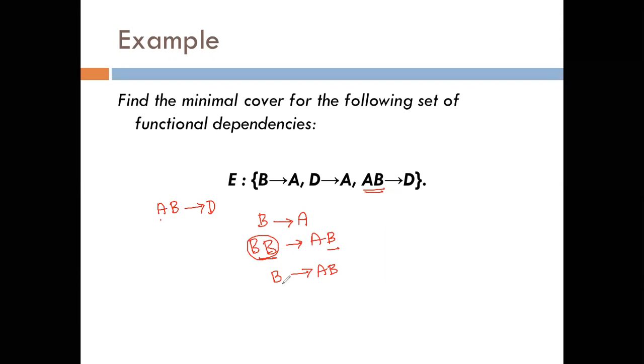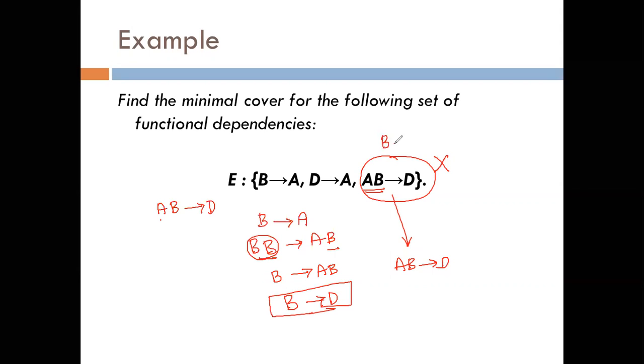Now if you observe B determining AB and AB determining D, now we can apply the transitive rule, that is B determining D. Okay. So by the transitive rule, B is determining D. So this particular functional dependency we can remove and replace it with B determining D.